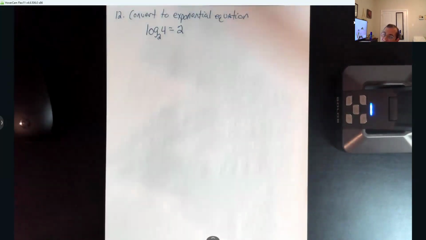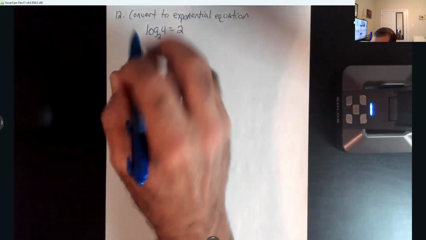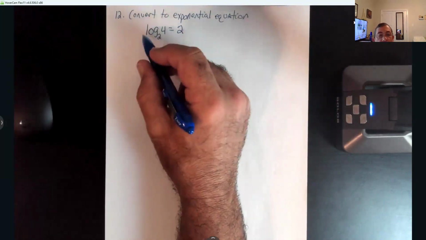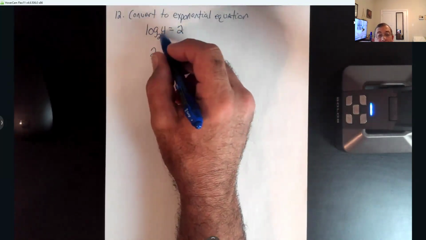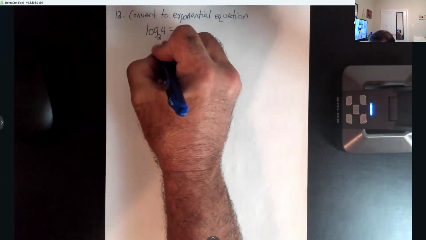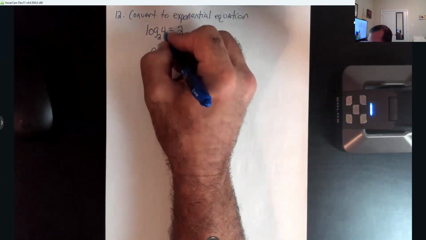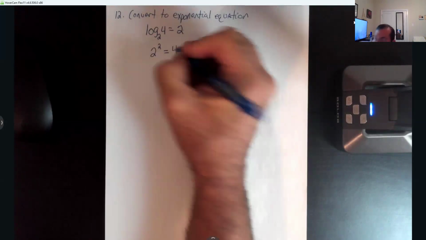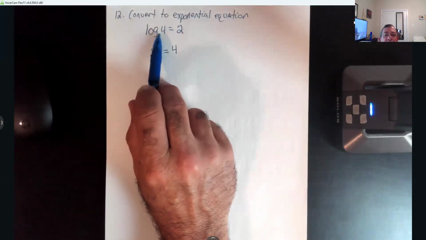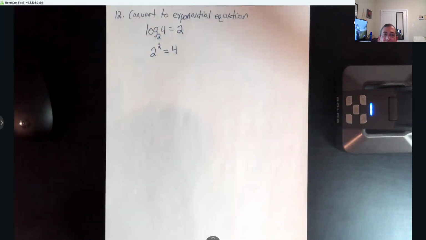So you're going the opposite direction. So the base is equal to the base of the log, which is a 2. The exponent is what the log equals, because remember, a log equals the exponent. So 2 is your exponent. And then that equals the result. Okay, the result is the 4. Okay, so you just got to remember this is the base, result, exponent.